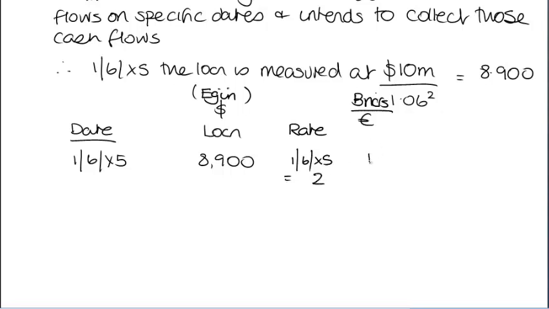So that gives us a loan of 17.8 million. So in liabilities of Briars, we've got a liability of 17.8 million, and in the receivables of Egin, we've got a loan of 8.9 million.